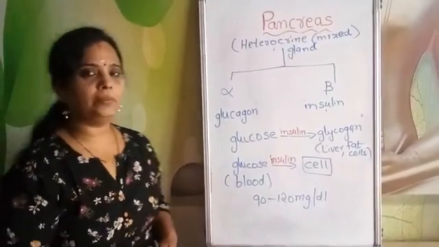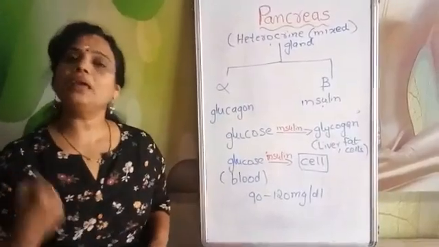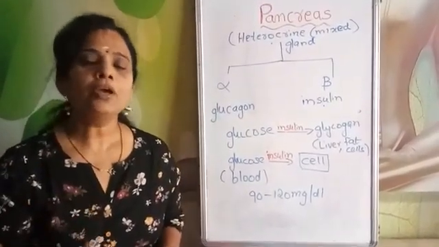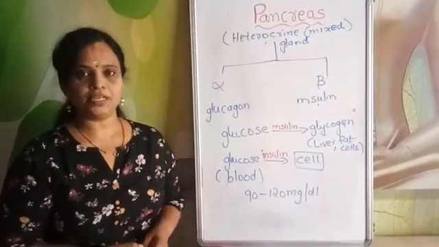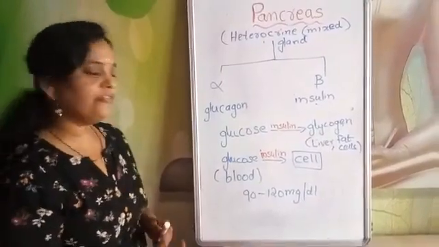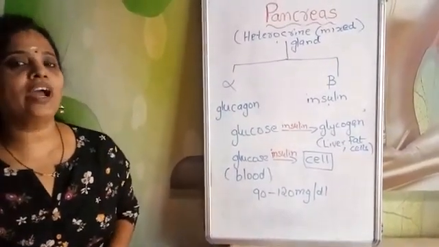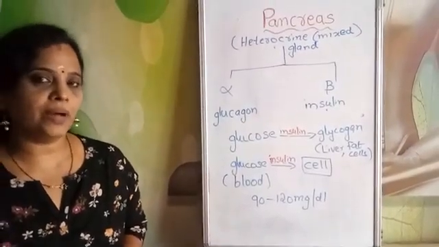Okay, it ranges a little bit here and there, and to maintain that, it is very important that from time to time you take in carbohydrates, so that this level can be maintained. Now you all know that we are having food to provide energy, and who produces that energy? That is the cell.